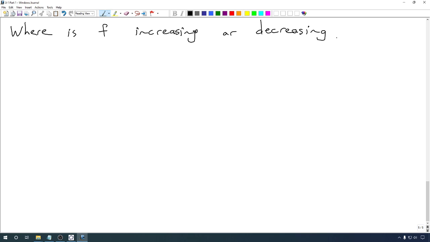So essentially, we start with the question of where f is increasing or decreasing. This turns into the question of where the derivative, where f prime, is positive or negative.